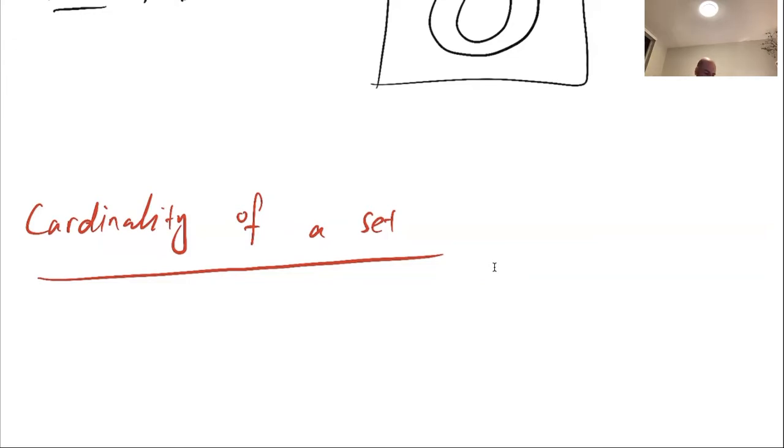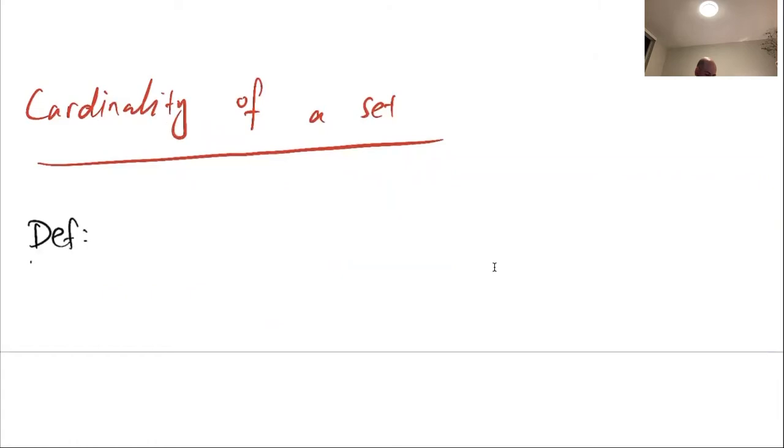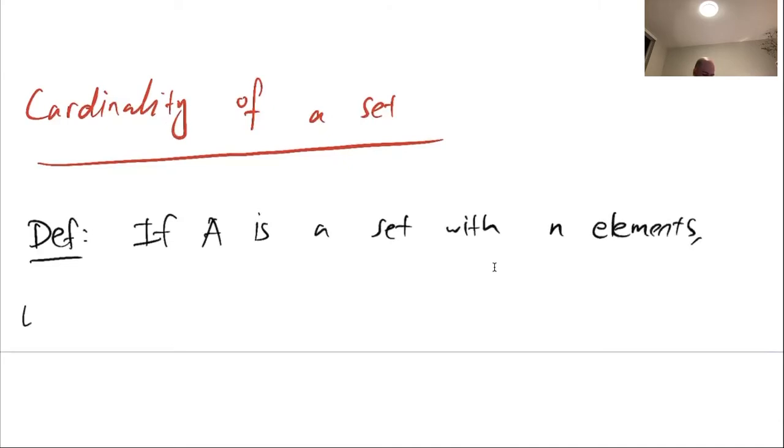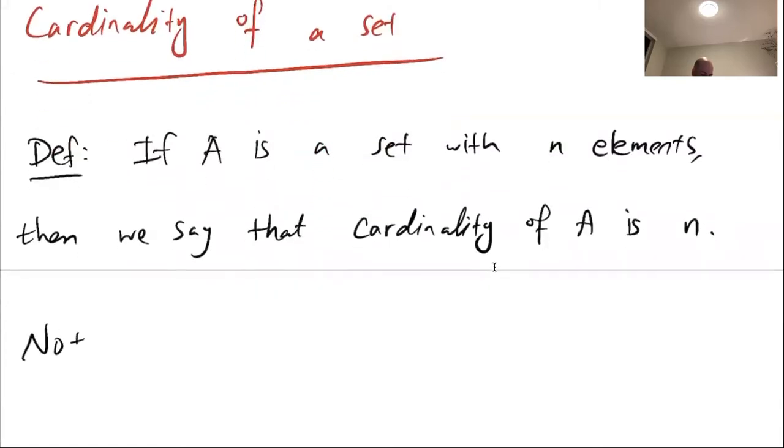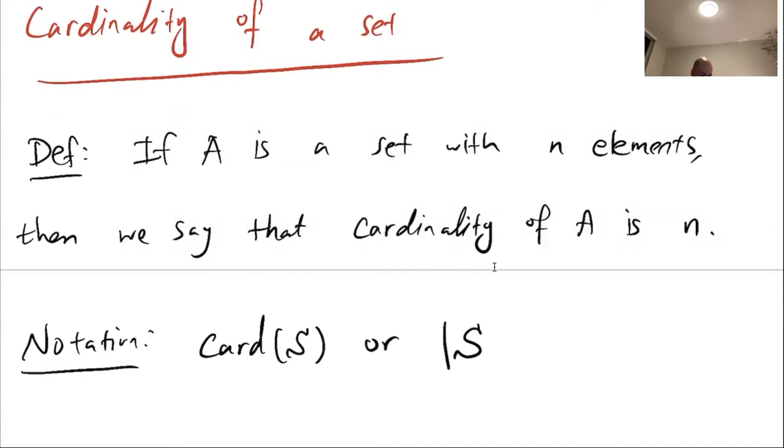So, definition: if A is a set with n elements, then we say that the cardinality of A is n. And the notation that we use: sometimes we use card S, or sometimes we use the absolute value sign.